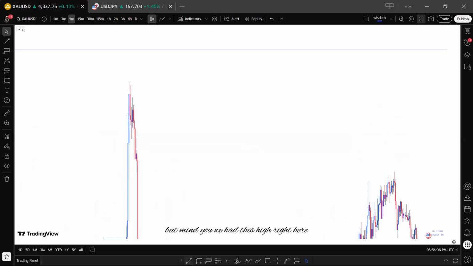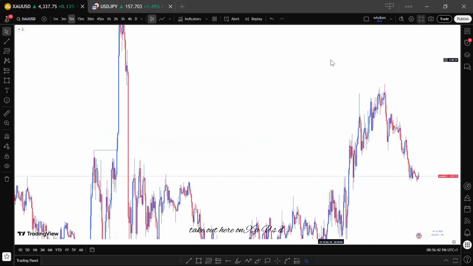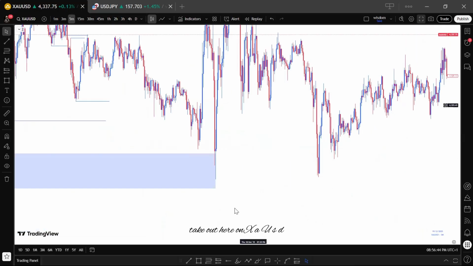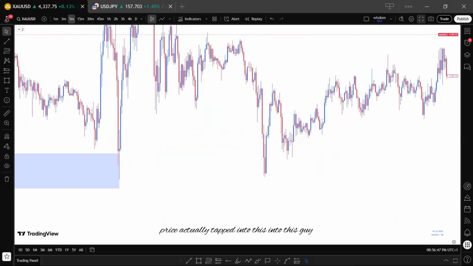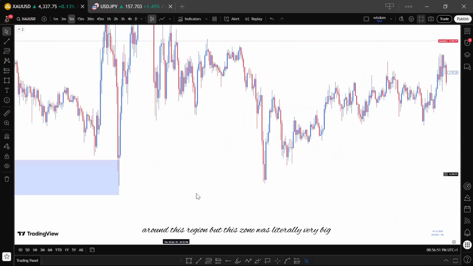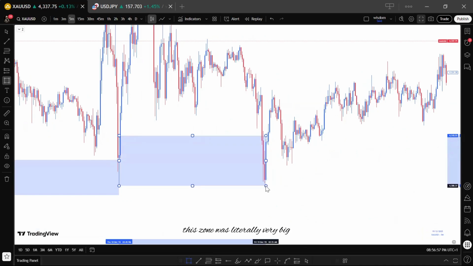But mind you, we had this high right here that I expected price to go take out on XAUUSD. So immediately price tapped into this guy, then price created a confirmation for the buys around this region, but this zone was very big. So I wanted more like a continuation entry.